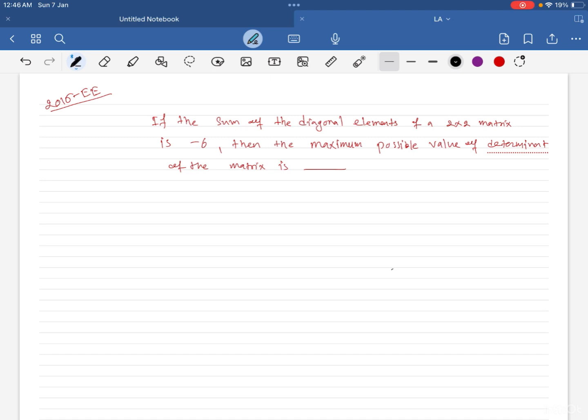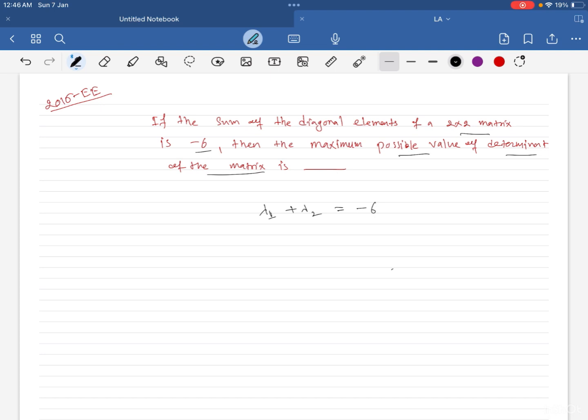So in this question, if the sum of the diagonal elements of a 2 by 2 matrix is minus 6, then the maximum possible value of the determinant of the matrix is? The sum of the diagonal elements is the sum of the eigenvalues, that is minus 6.